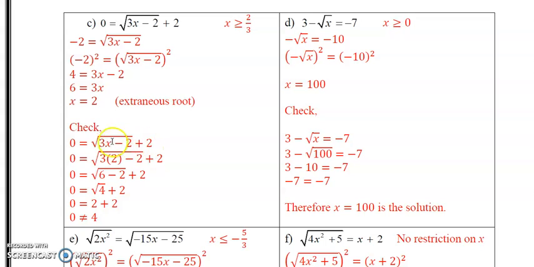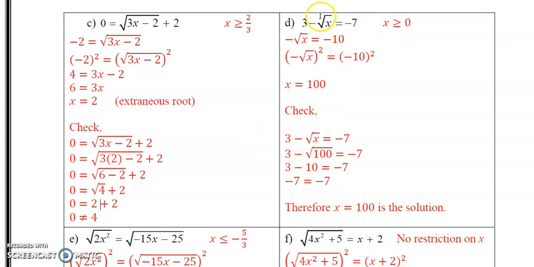So when you plug it back into the original equation, 3 times 2 is 6, 6 subtract 2 is 4, square root of 4 is 2, and 2 plus 2 is not equal to 4. And obviously some of you are saying, yeah, that's because the square root of 4 could be -2, and the -2 would work. You're absolutely right, but when we check these equations, that's not the case. We don't worry about the negative, we're only worried about the positive value for solving these equations. Please remember that, okay?